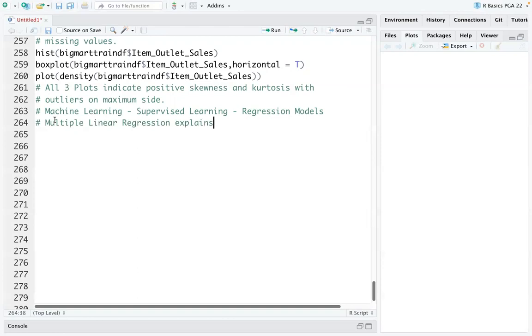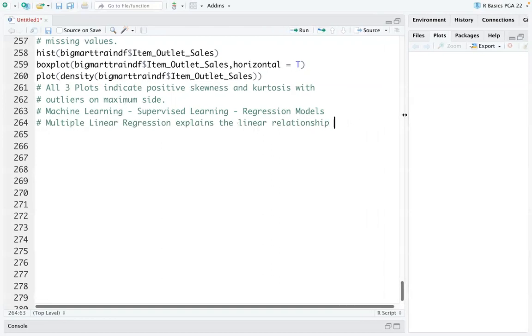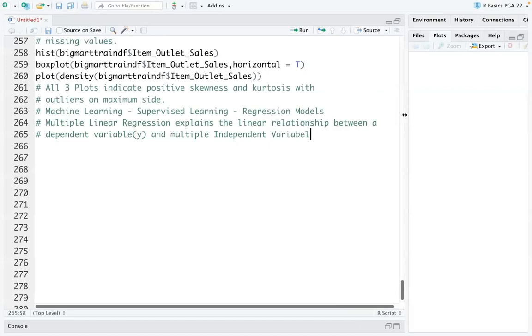that explains the linear relationship between a dependent variable y and multiple independent variables x.